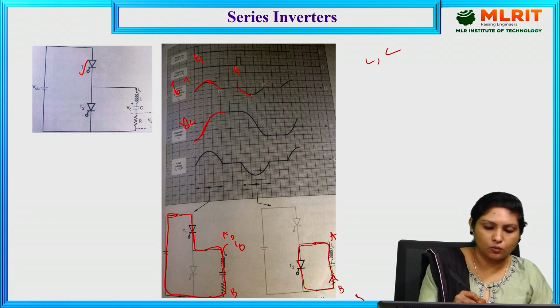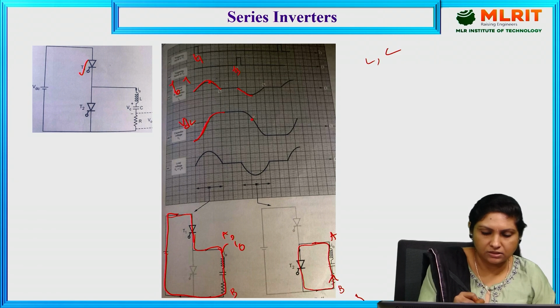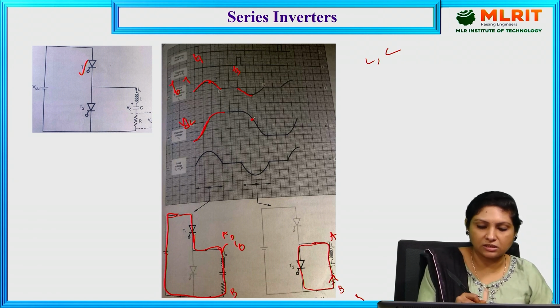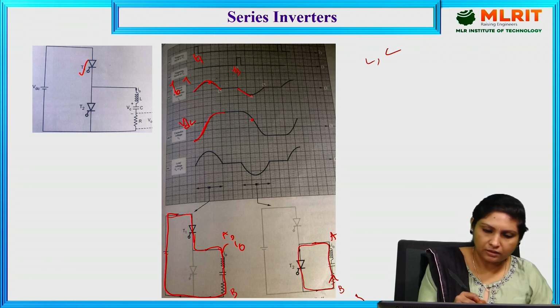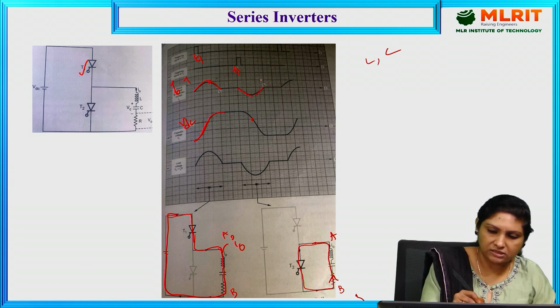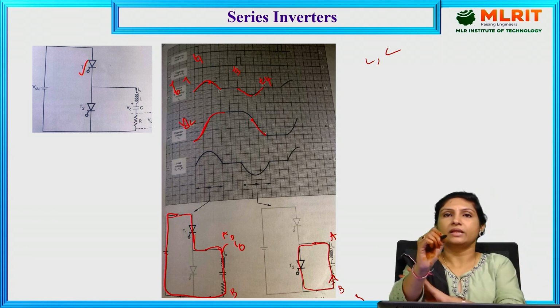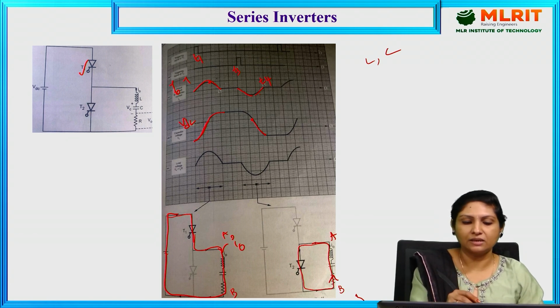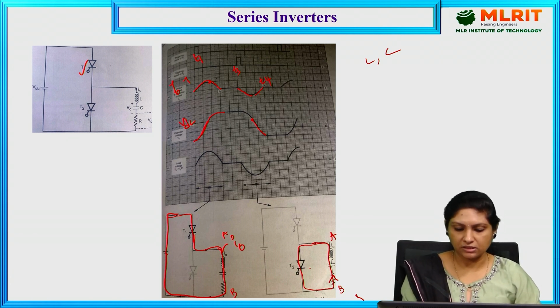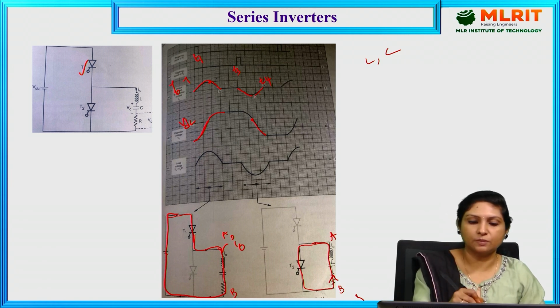Now the moment it reaches maximum, the current through the capacitor is becoming zero, and later the current through the load is finally becoming zero at this instant called T4. By that time the charge across the capacitor is completely negative.